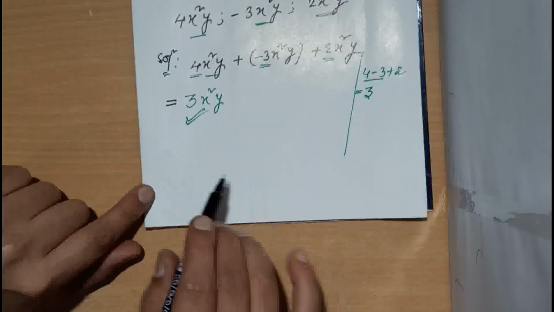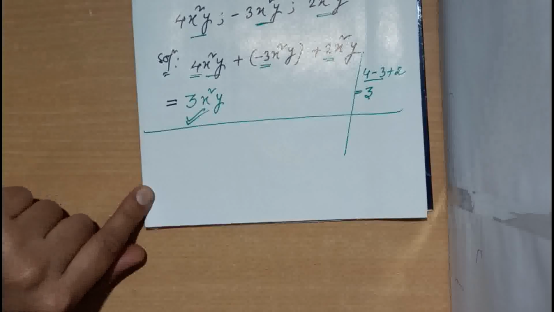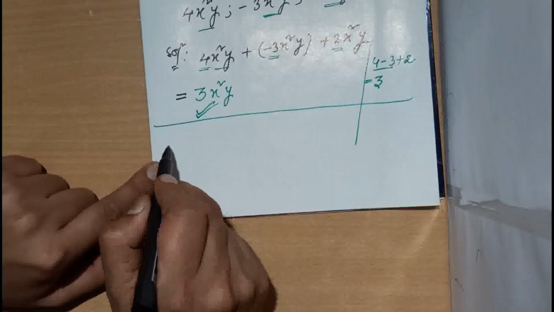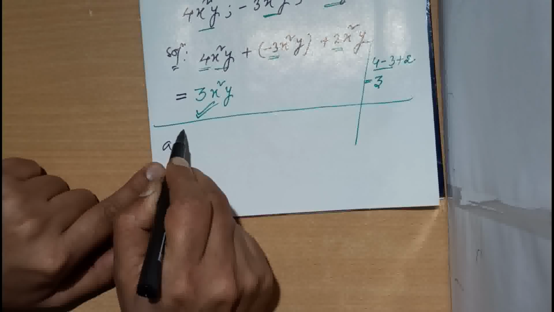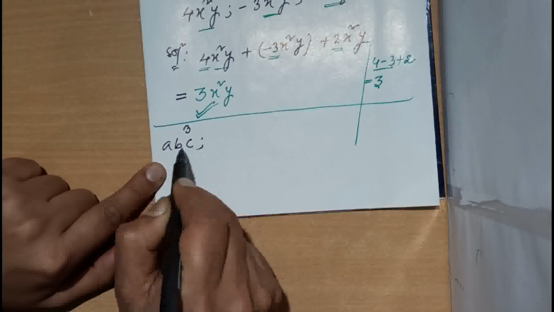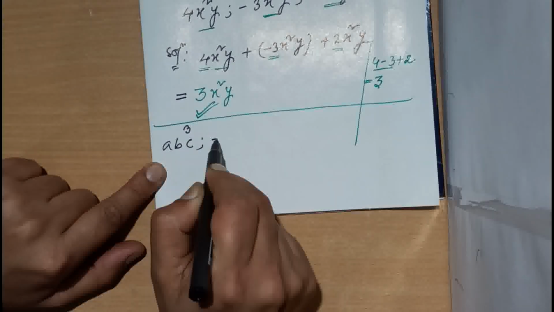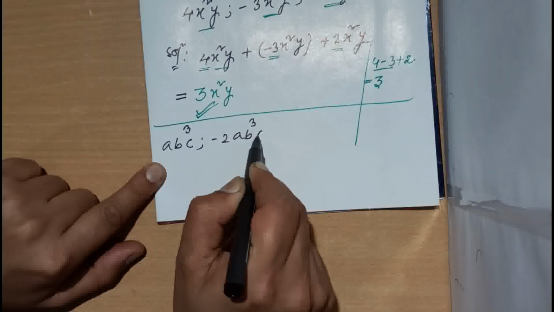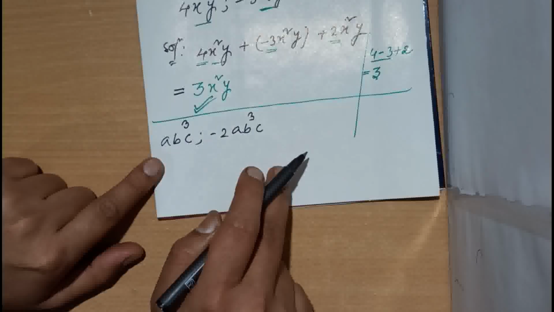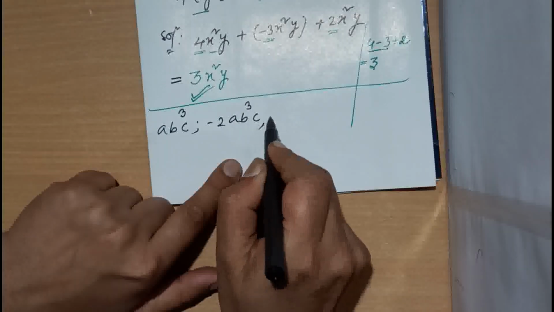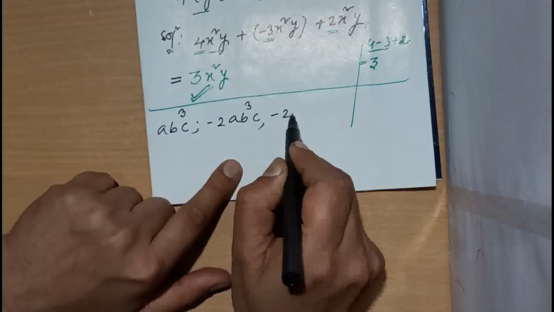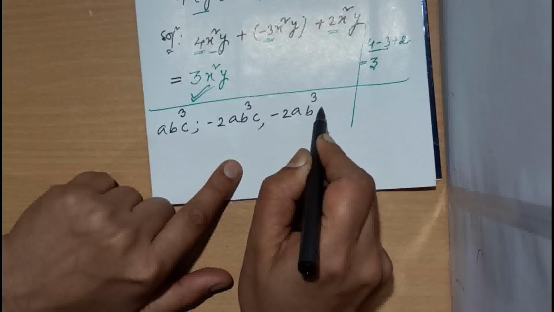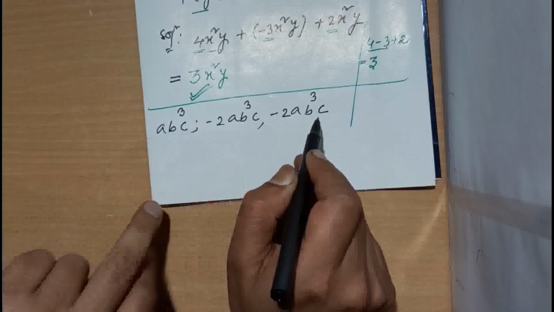Now let us take another example: ab cube c, minus 2ab cube c, minus 2ab cube c.